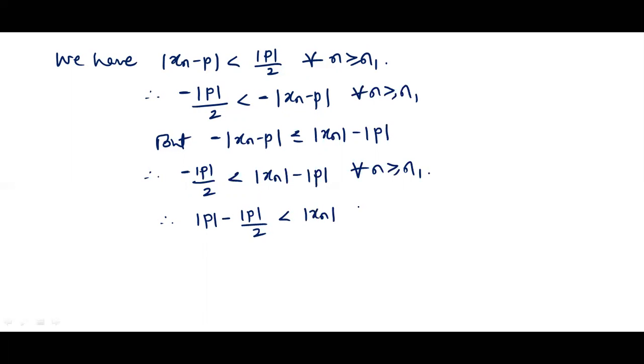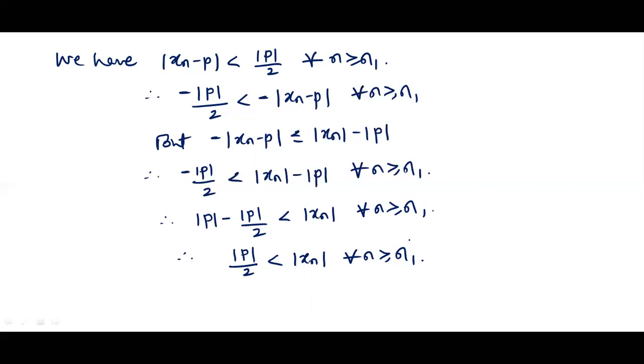Now, for n greater equal n1, on the left hand side the subtraction of mod p and mod p by 2 is mod p by 2, which is less than mod of xn for all n greater equal n1.